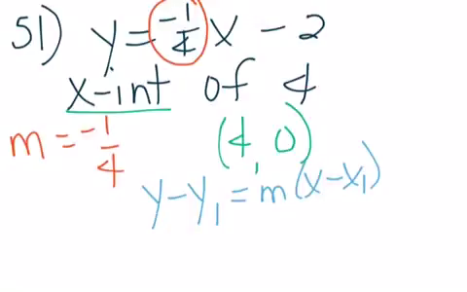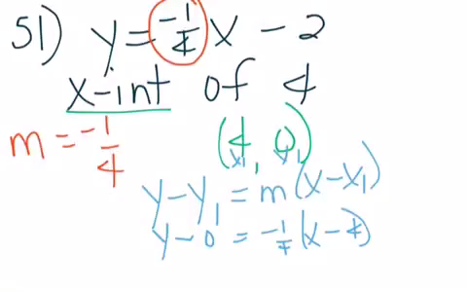So this point is x1, y1. So we have y minus 0 equals negative 1/4 times x minus 4. Now distribute. So you have y minus 0 equals negative 1/4 x plus 1.